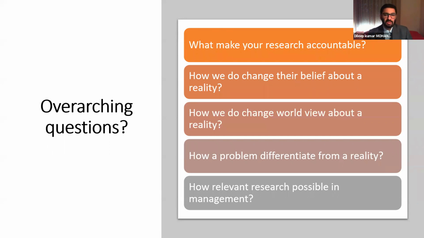The first question, what makes the research accountable? Here the movement is basically from doxology to epistemology. Means that from the belief system to the truth. People believe that whatever I am believing is truth. But in reality, whatever I believe may not be the truth.